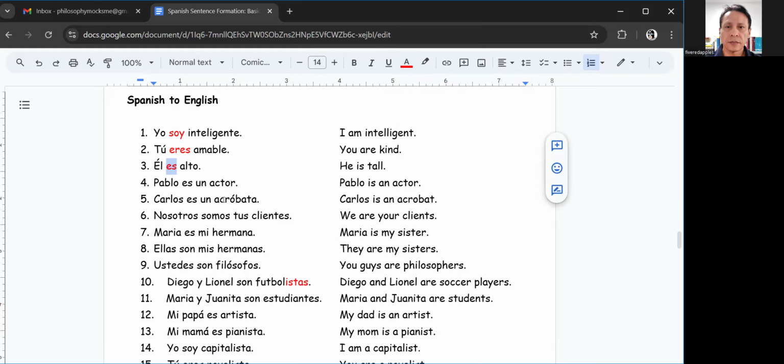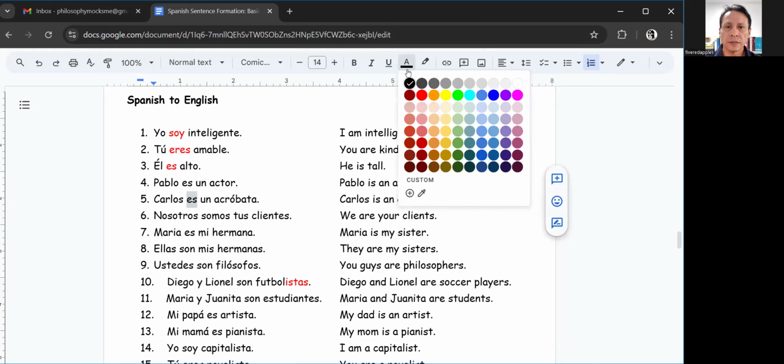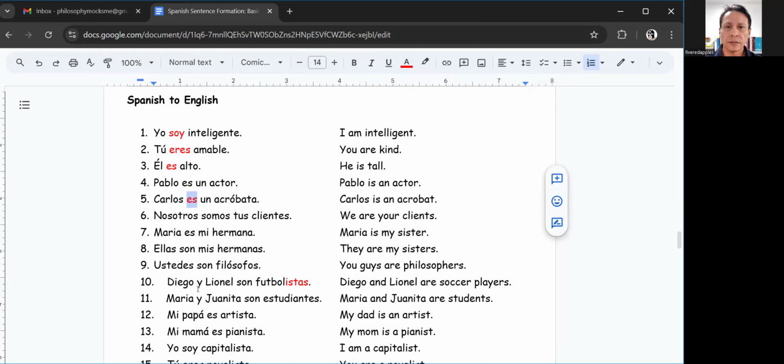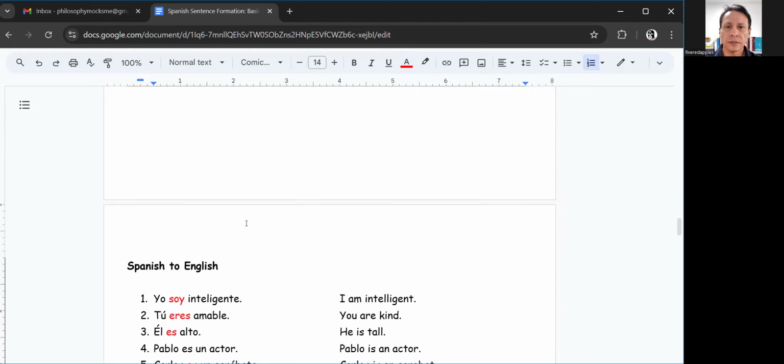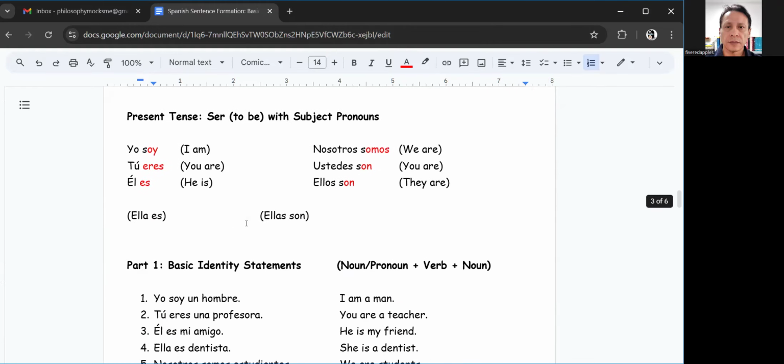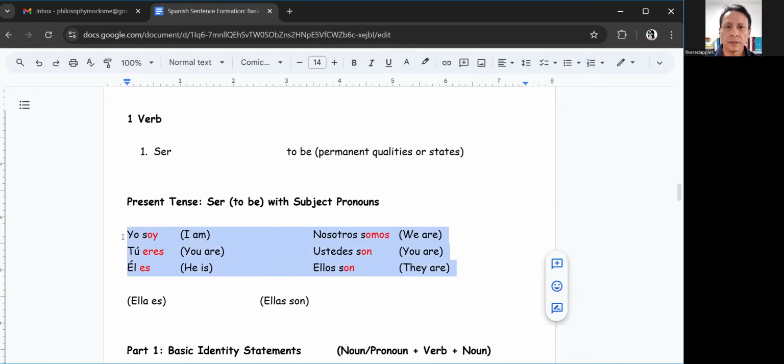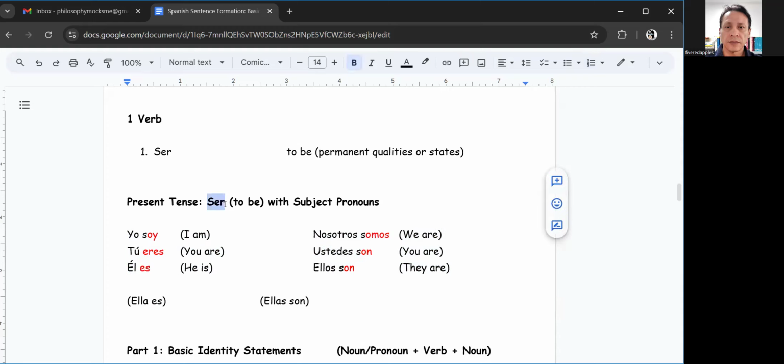That when you hear Carlos and you're going to make an identity statement, you know you need es. When you know the subject is Lionel and Diego, you know you're going to need son. We're trying to instill this conjugation chart for the present tense of ser.